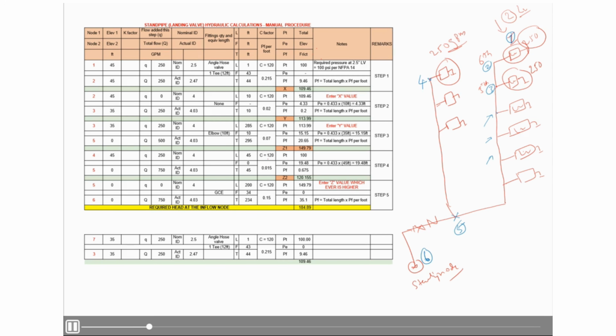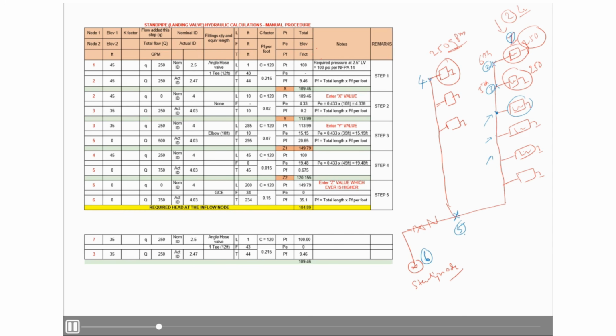If you want to know what is the pressure available, for example, at this particular landing valve, then you need to put a node here also. So for explanation, I'm just considering the nodes for this particular point 2 and point 3, and then finally I am coming to the 5th node and till the 6th node.